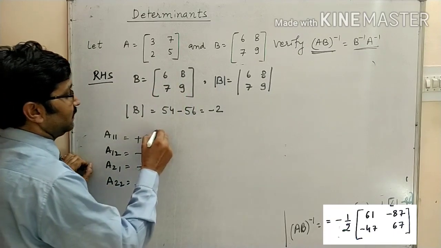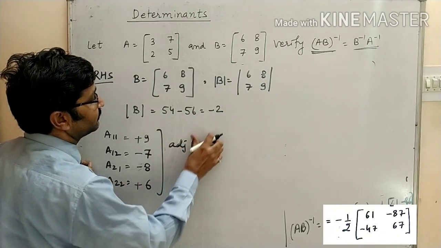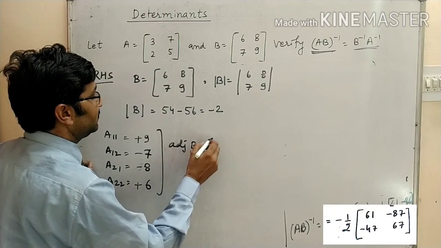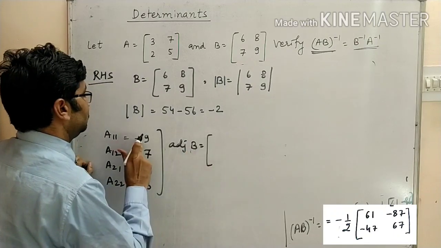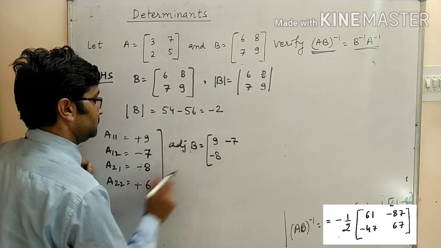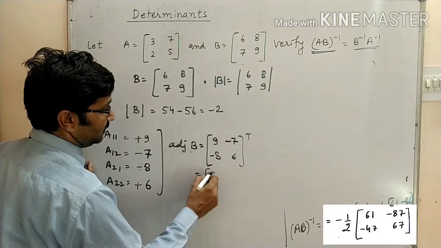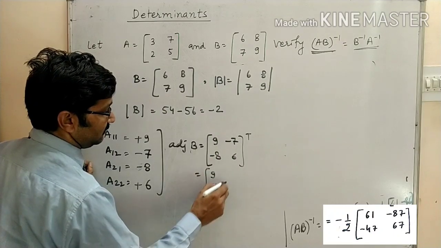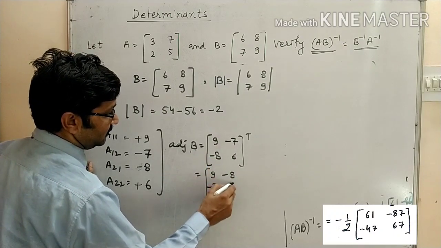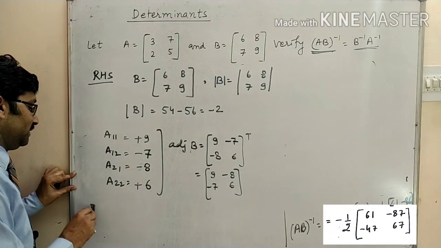Now look here, you have to write adjoint B, that is equal to 9, minus 7, minus 8 and 6, and you do the transpose. So transpose it, then you get 9, minus 7 in the first column, and minus 8, 6 in the second column. Now you have to find B inverse.